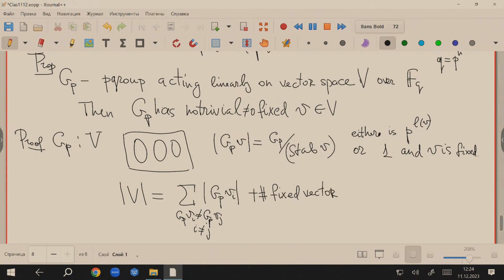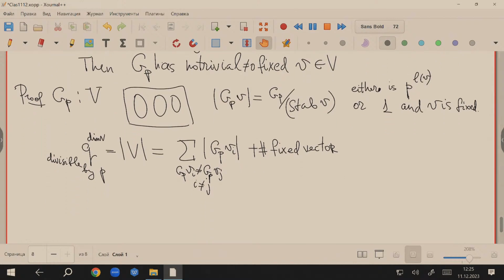Yeah, so this is just q to the power dimension of V. So this is divisible by p. So this means that the number of fixed vectors is 0 modulo p. Yeah? So these are numbers that are divisible by p.